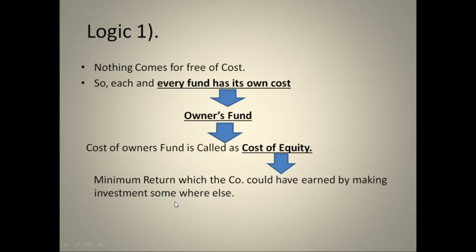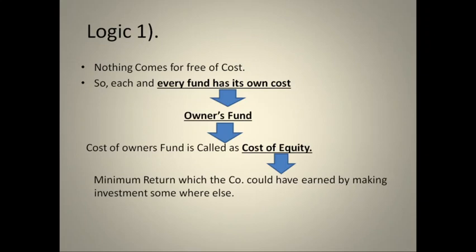Let's take up an example. Suppose there are two projects, project A and project B. Suppose this particular company invested in project A and they earned a 10% rate of return. But after some point of time, they realized that some other company invested in project B and earned 12%.